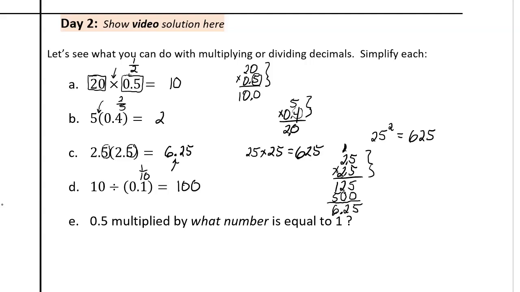Now, how would you do this problem if you didn't want to think about it in terms of fractions? You could use long division. 0.1 is being divided into the starting number of 10. To divide a number by a decimal number, the algorithm that you learned in elementary school is to transform the decimal into a whole number. 0.1 can be turned into the whole number of 1 if the dot was moved one position to the right.